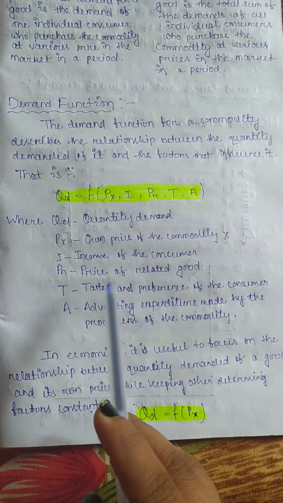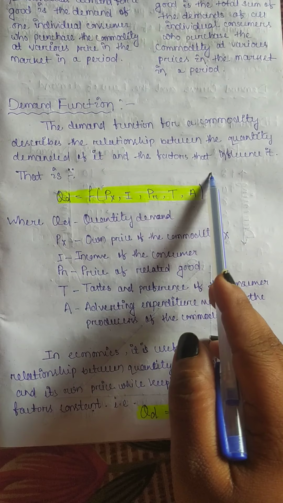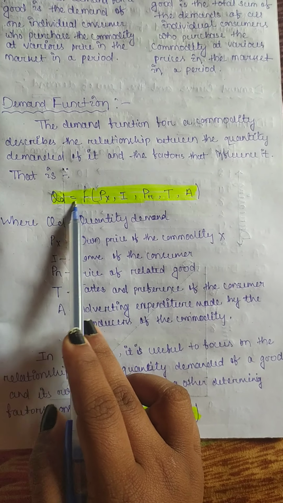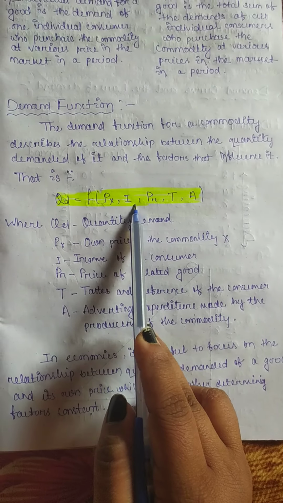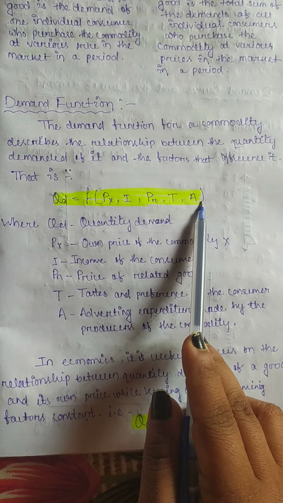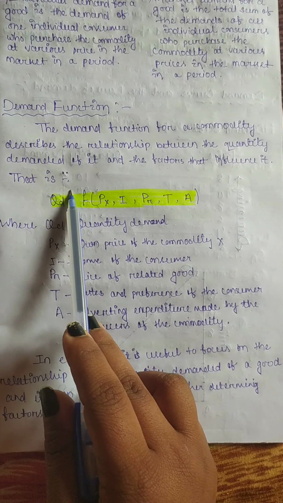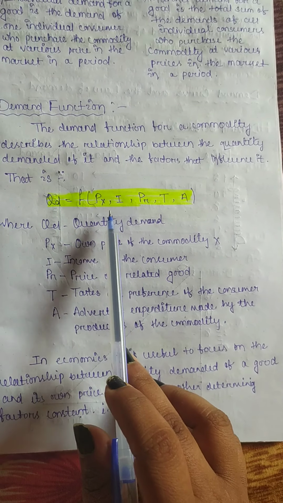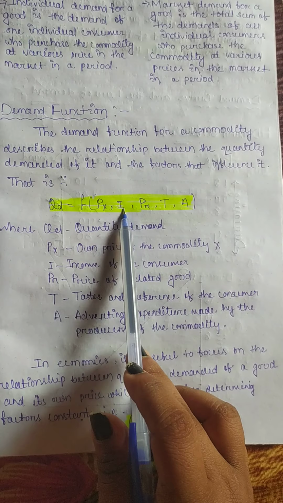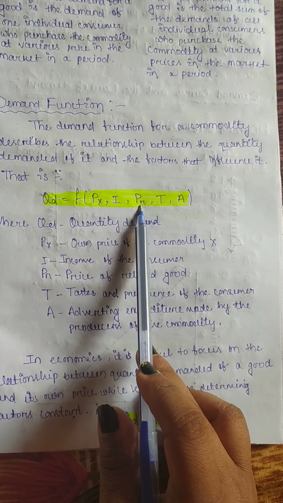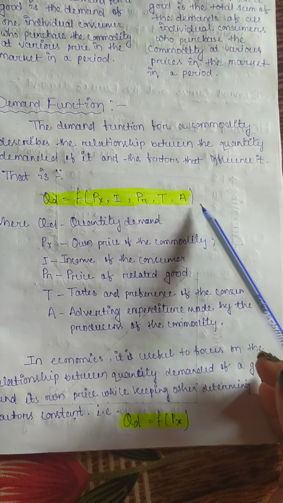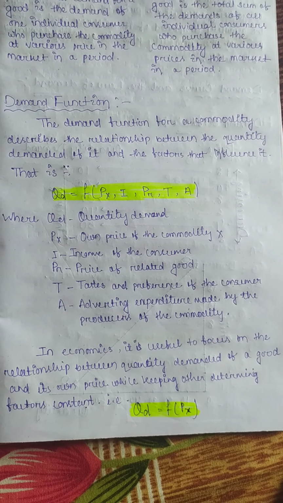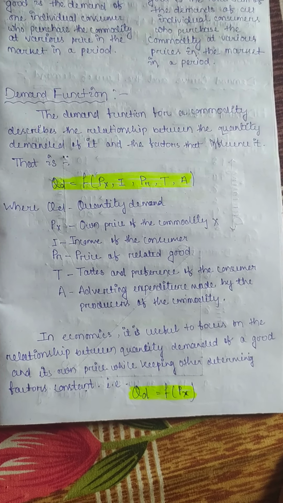Here we can write a demand function: suppose quantity demand is a function of Px, I, Pr, T and A, where QD is quantity demand, Px is the price of the own commodity, I is income of the consumer, Pr is price of the related good, T is taste and preference of the consumer, and A is advertising expenditure made by the producer of a commodity.